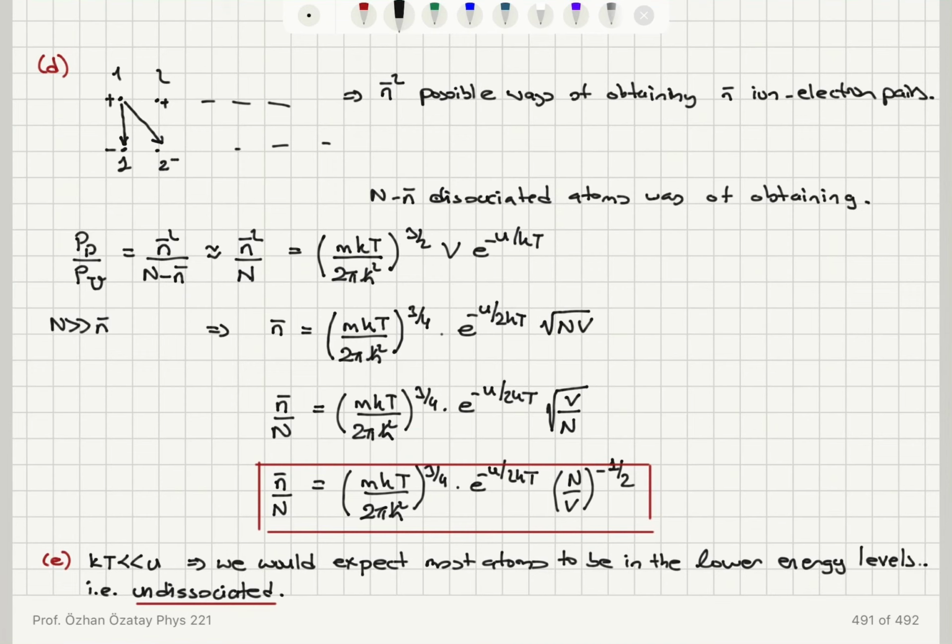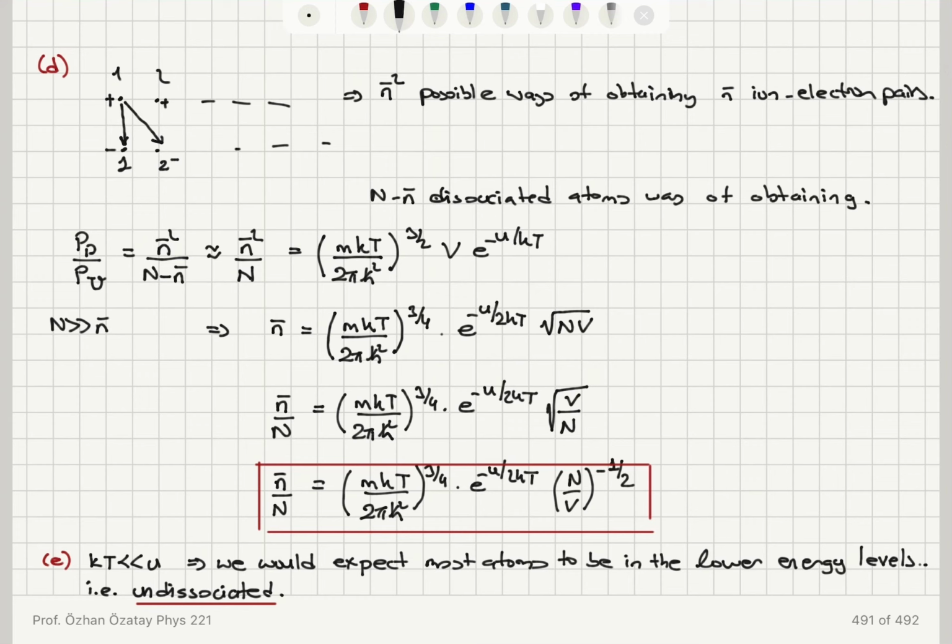We also have, when we have n bar electrons and ions, n bar squared possible ways of matching these. So the probability of having a dissociation would be proportional to n bar squared, whereas the number of unionized atoms would be capital N minus n bar, because we're not matching pairs like we did for interstitials and empty slots, for example, in problem 24.